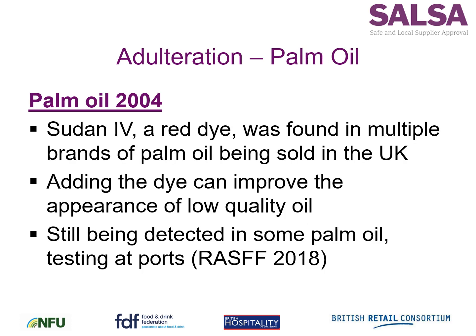Our final example of adulteration is palm oil. Sudan dye can improve the appearance of low quality oil and was found in multiple UK brands. The issue was first identified and reported in 2004, and contaminated products are still being detected.